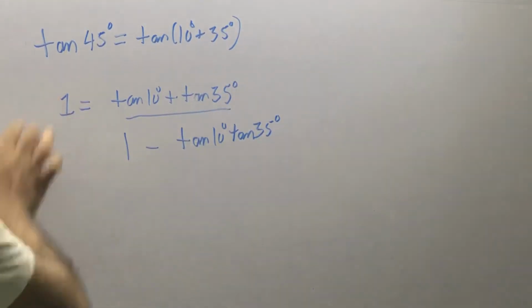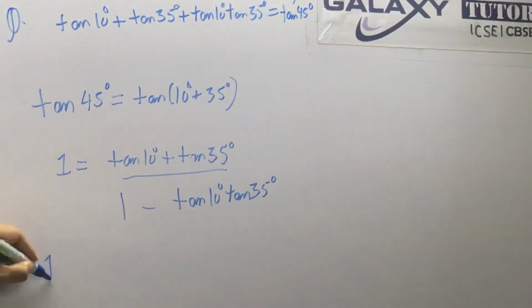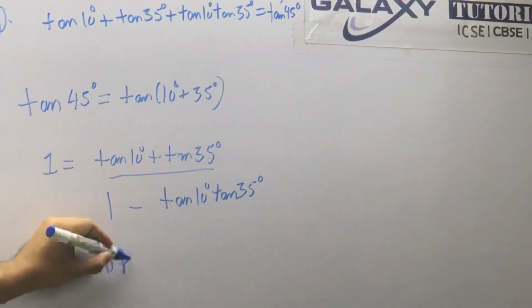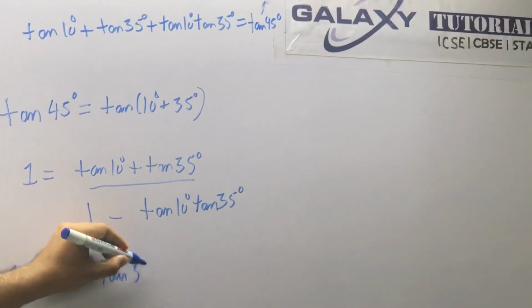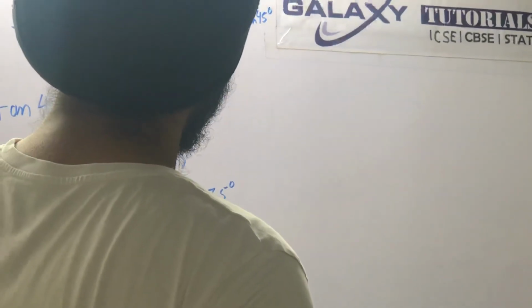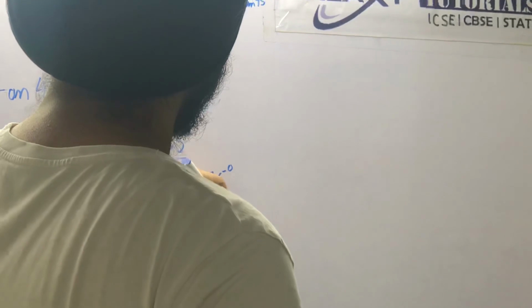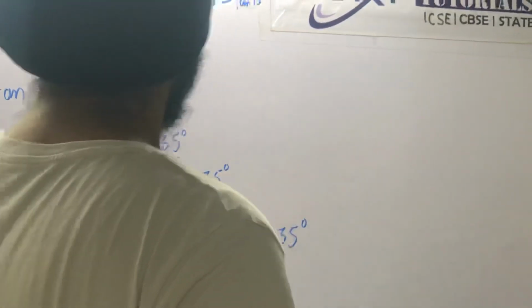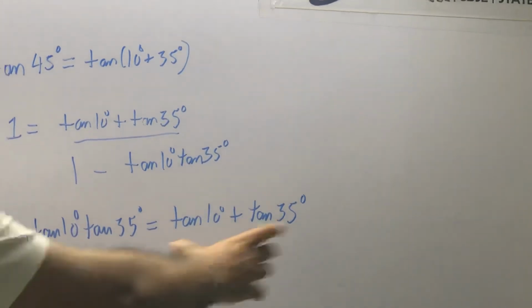Now do cross multiplication, take this over here. Now this can be added over to here.